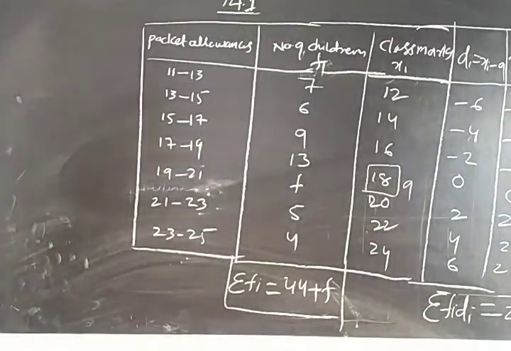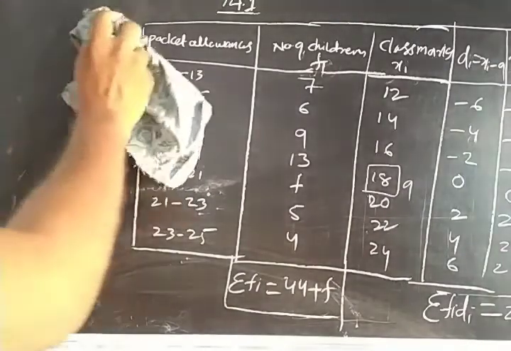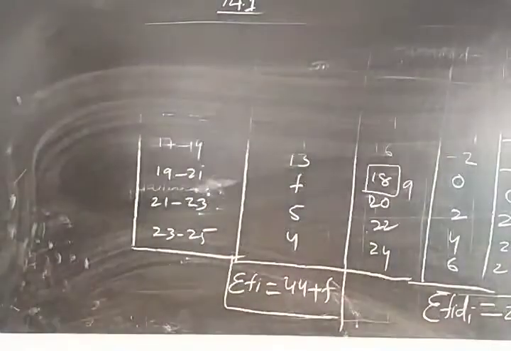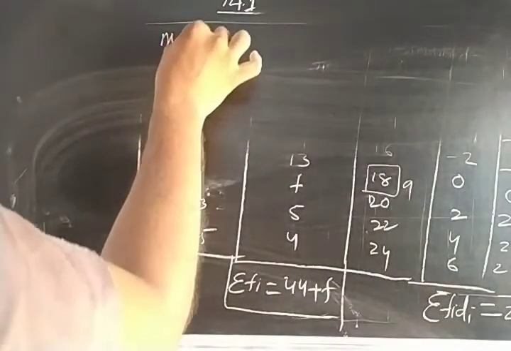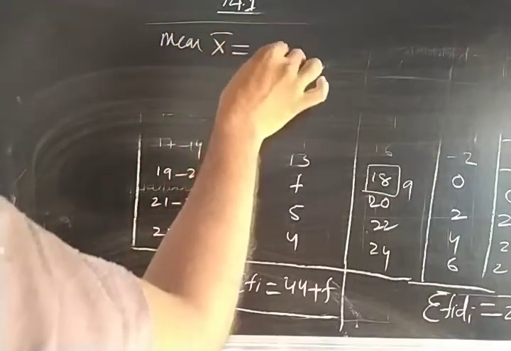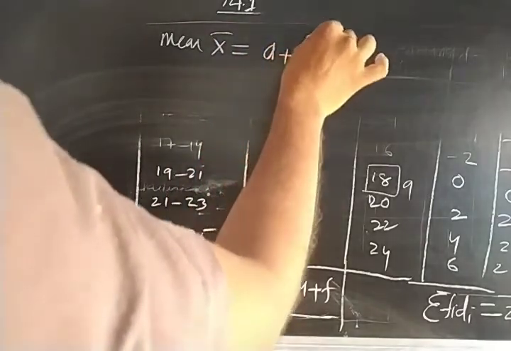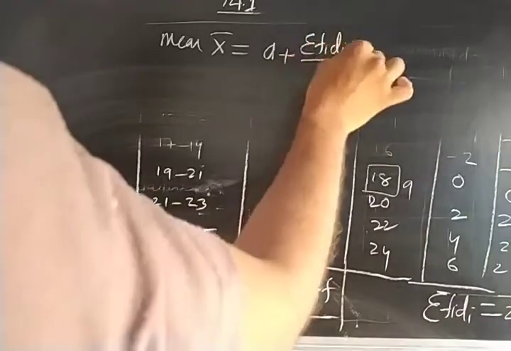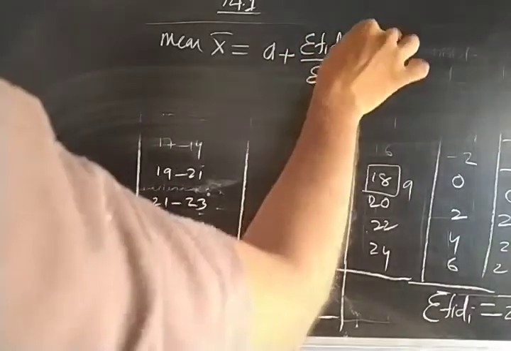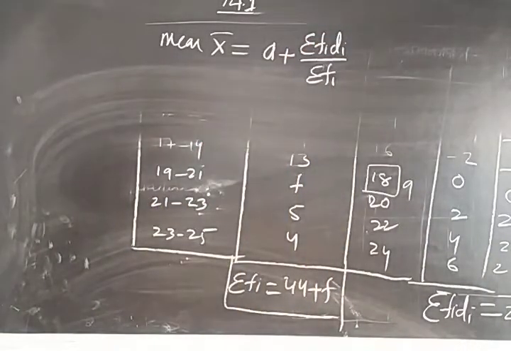Now I am using the mean formula in the assumed mean method. Mean x bar equals assumed mean a plus summation fi into di by summation fi. In the step deviation method h would be there, but this is only the assumed mean method.